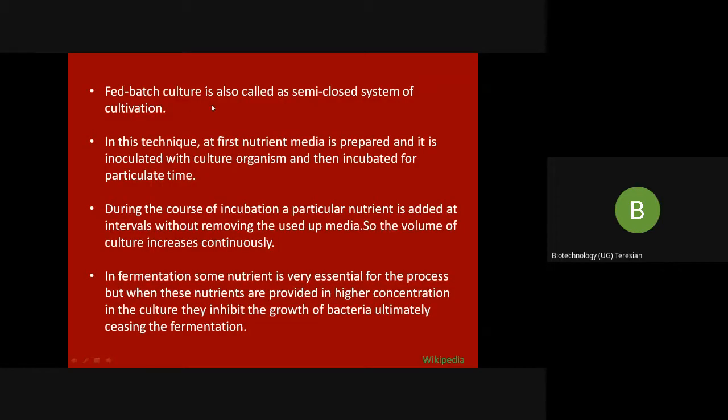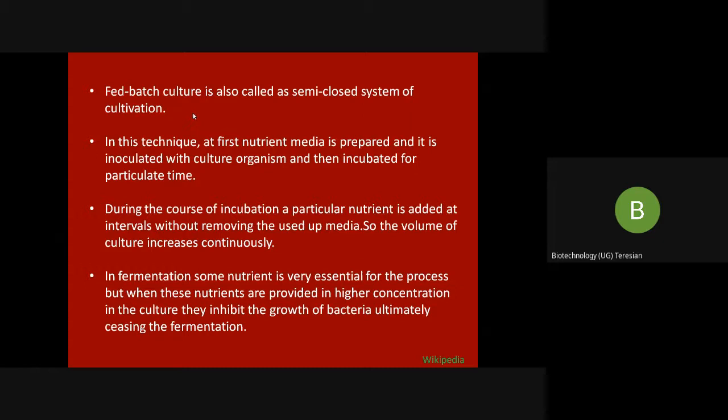So fed batch culture is also called a semi-closed system of cultivation or semi-open system of cultivation. Whereas in batch culture, you learned that it is a closed system of cultivation, your continuous culture is an open system of cultivation.